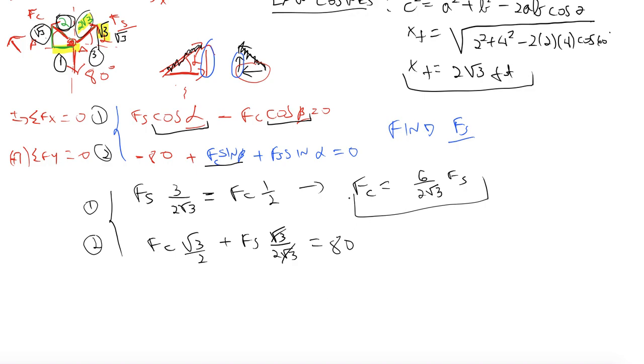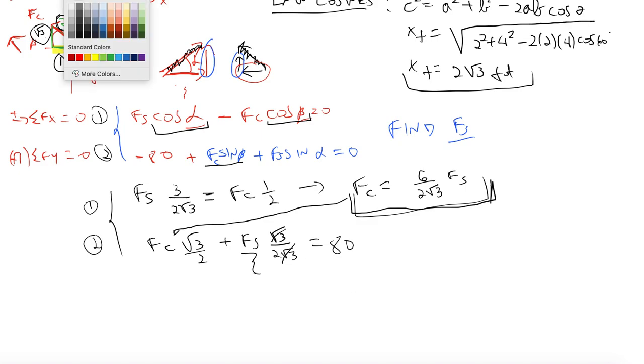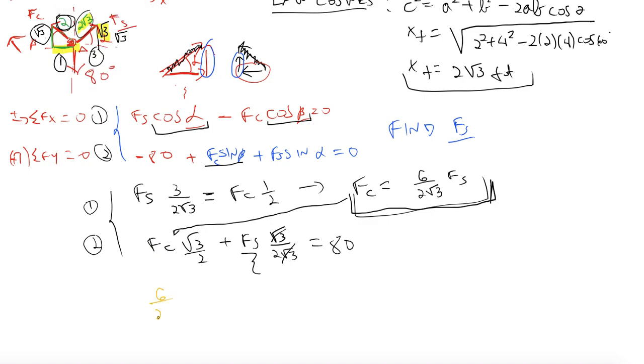So now this is when the little substitution I did ahead of time comes in handy, because I can just take this and place it right here, and by doing so, I can solve for Fs. Let me change colors one more time. So I have 6, 2 square root of 3, Fs times square root of 3 over 2. These are going to cancel.